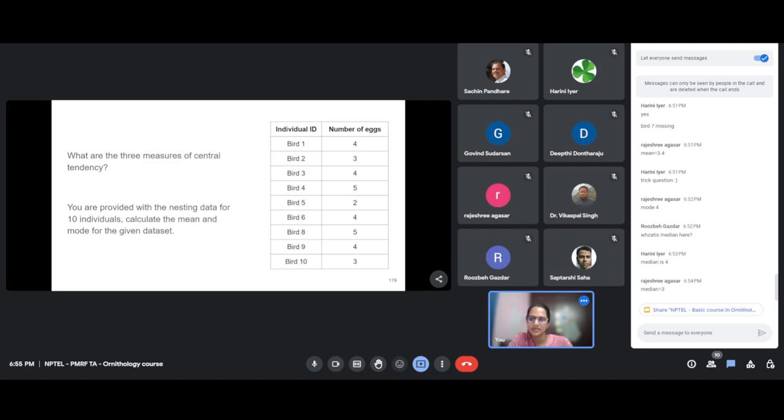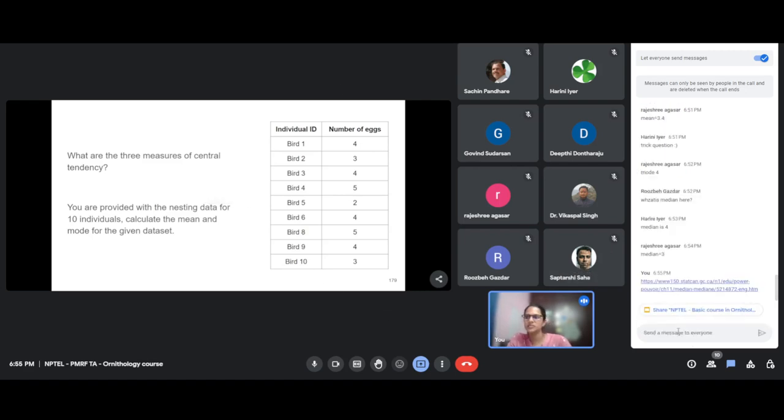Here, this has a table with a very simple calculation of the median. Multiple examples are there for an even number of data and odd number of data observation points. So here it is an odd number of observation points. Okay, so moving on.